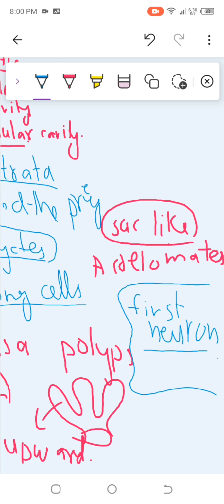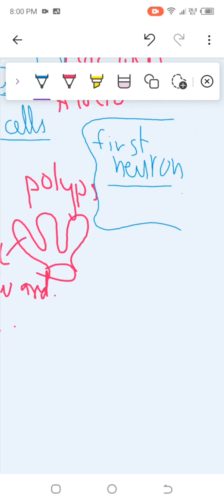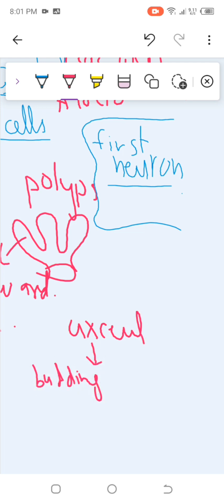After that, they can reproduce sexually and asexually. Asexual reproduction takes place by budding or regeneration. When something breaks, it forms again, it regenerates.